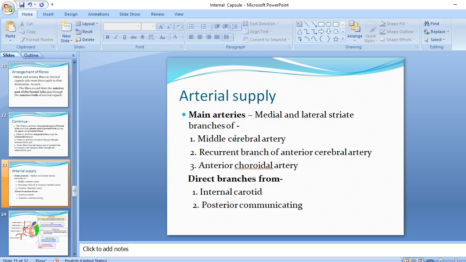So these are the three main arteries. There are some direct branches also arising from the internal carotid artery and from the posterior communicating artery.